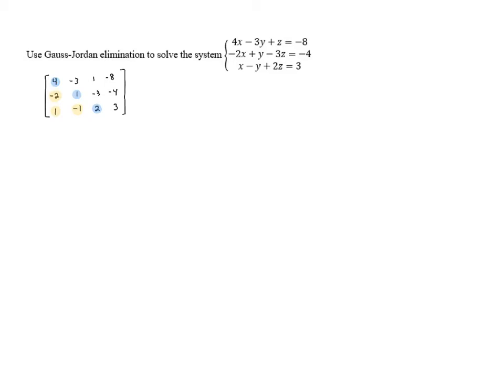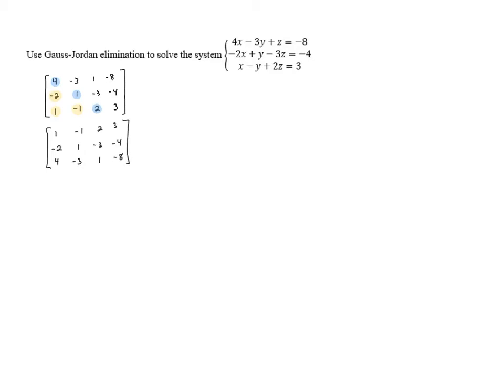So that's what we're going to do first. We're going to interchange rows A and C. So this will give us 1, -1, 2, 3, -2, 1, -3, -4, and then 4, -3, 1, -8.